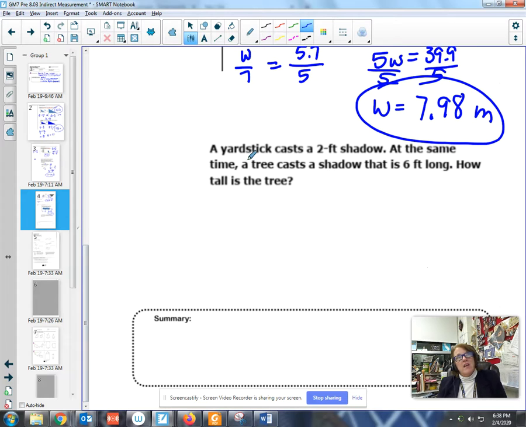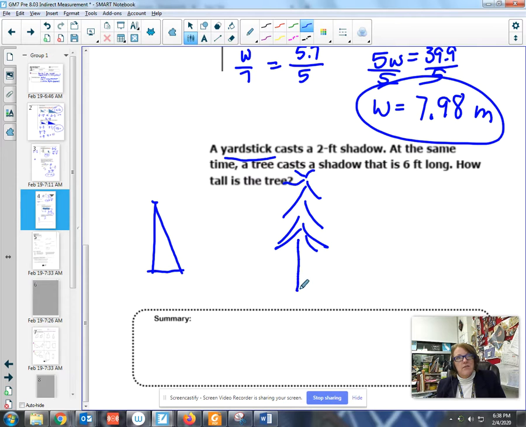The last one, now be careful. A yardstick has a 2-foot shadow. So here's your yardstick here, and the shadow is 2 feet. We can kind of visualize a triangle there. At the same time, you have a tree. That's my hideous artwork for a tree. This tree casts a 6-foot shadow down here.